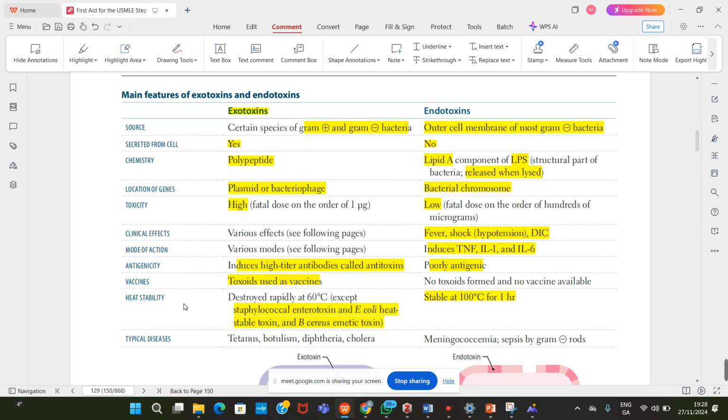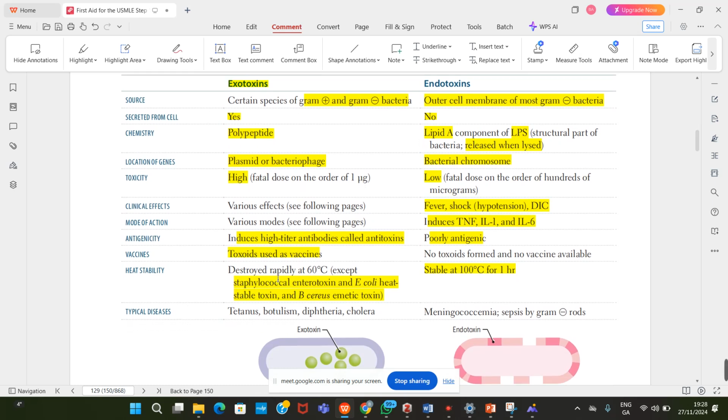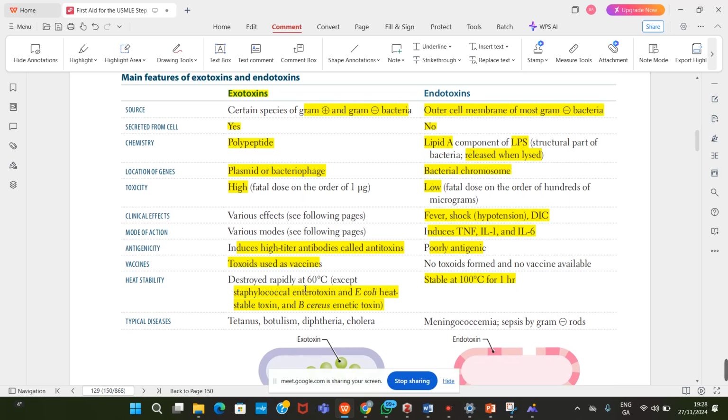What about the heat stability? We can destroy the exotoxin rapidly by heating at 60 degrees. The only ones that you cannot destroy are the staphylococcal enterotoxin and the E. coli heat stable toxin. We have E. coli toxin that is not heat stable. It is only the heat stable one that we cannot destroy with heating. Then we have the Bacillus cereus emetic toxin.